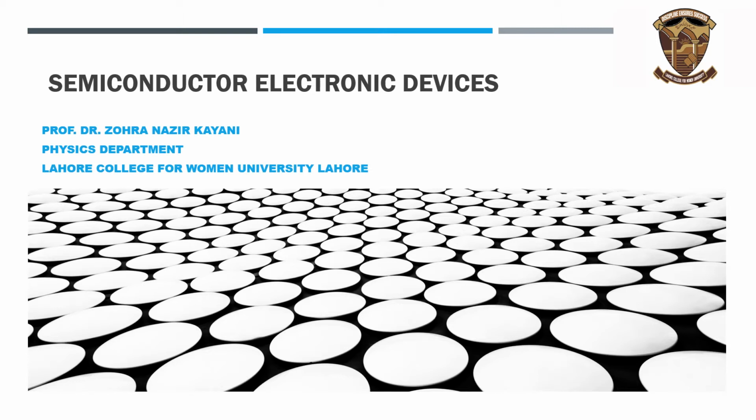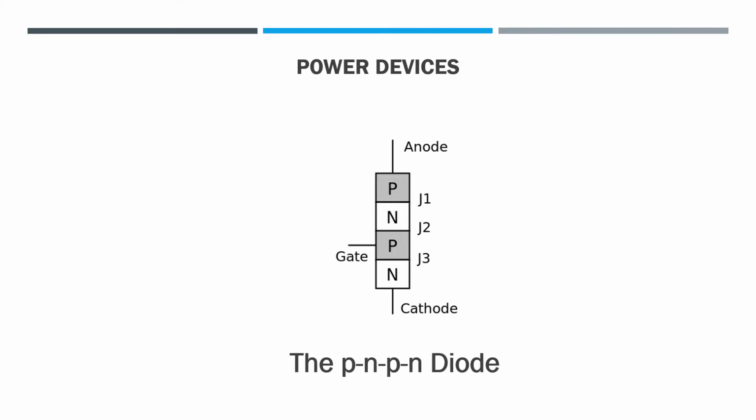And today we will discuss the power devices, which are also known as the PNPN diode. One of the most common applications of optoelectronic devices is switching, which requires the device to change from an off or blocking state to an on or conducting state.